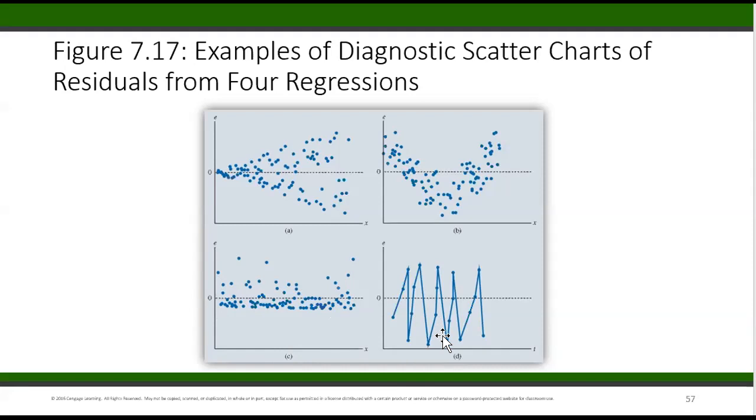The last panel, notice that this is with respect to t, not x anymore. So in order to be able to check the independence condition, we need to have a graph that is with respect to the order of selection. So this now is residual with respect to the time or the order of selection of that specific data point.